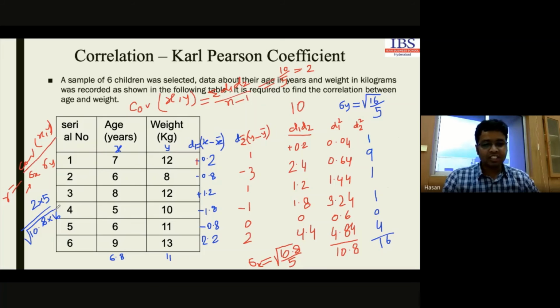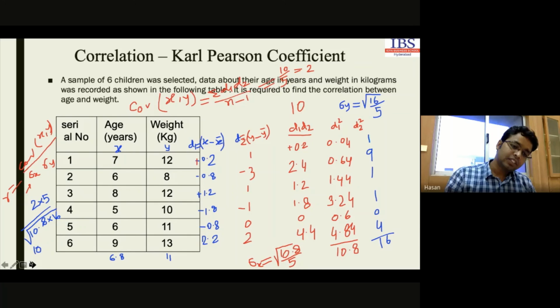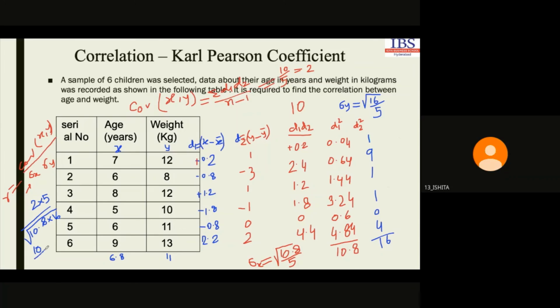Everyone got the answer? Sir, 10 by 13.15. Under root, 172.8 is 13.15.